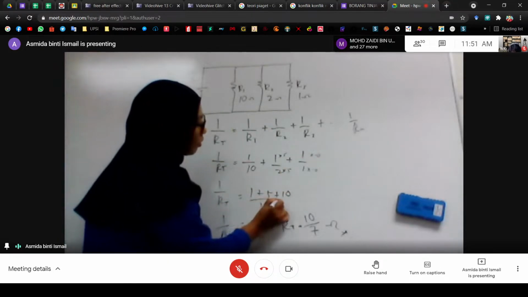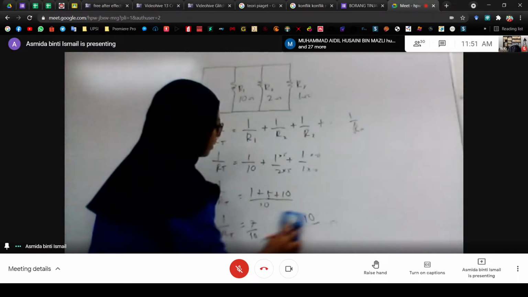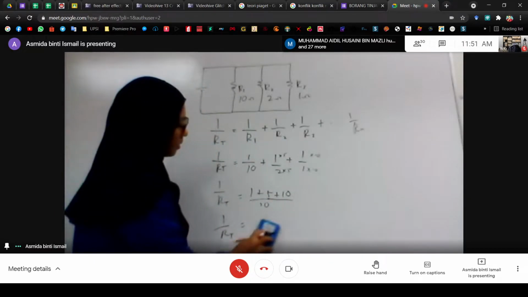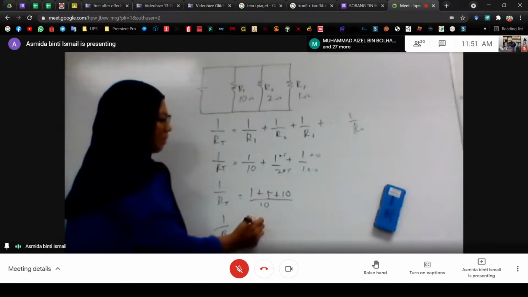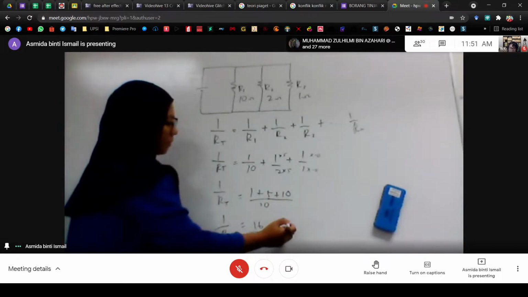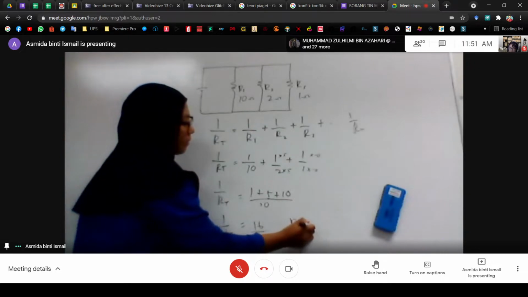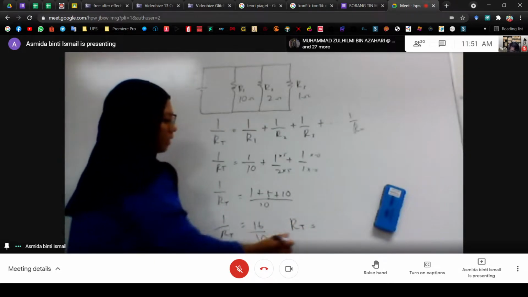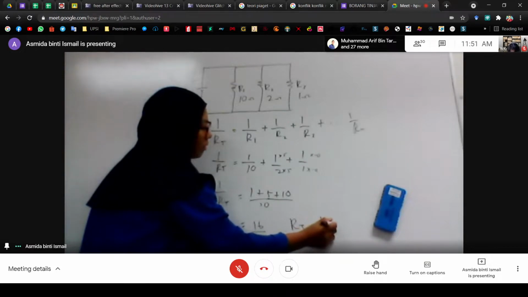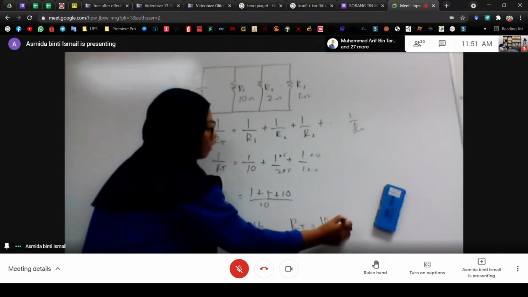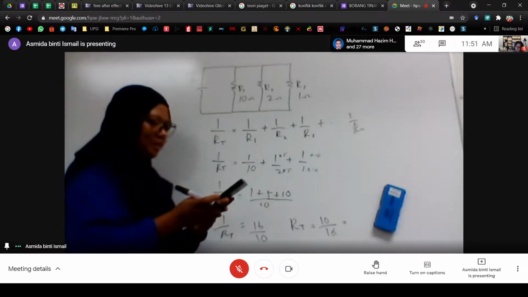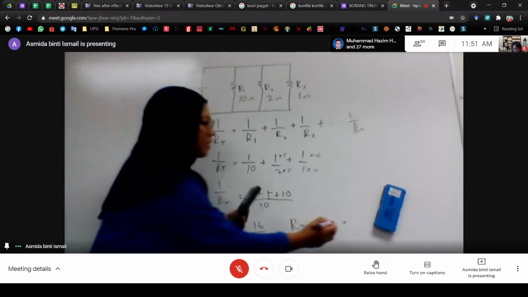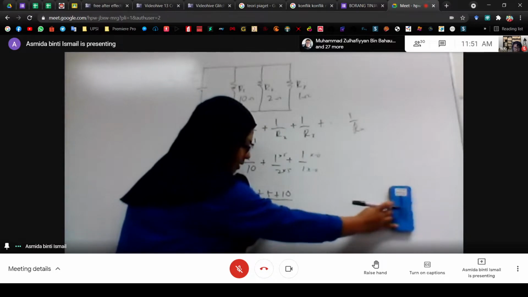Apa salah 1/10, 1. 10, 5, 16. RT is equal to 0.6.